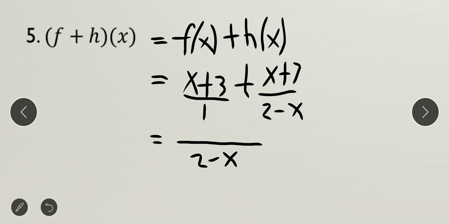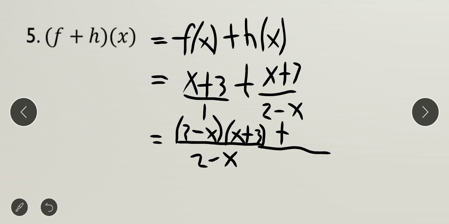That will become 2 minus x times x plus 3 plus, this is the operation being used. Next, 2 minus x divided by 2 minus x, of course, that's 1 because we're going to cancel that. Times the numerator, that will become x plus 7.